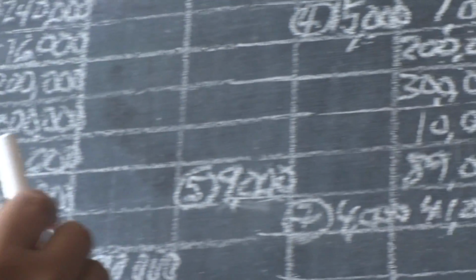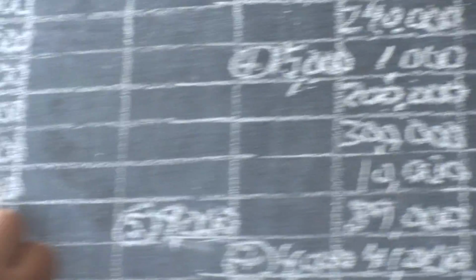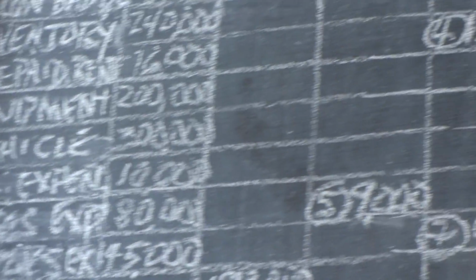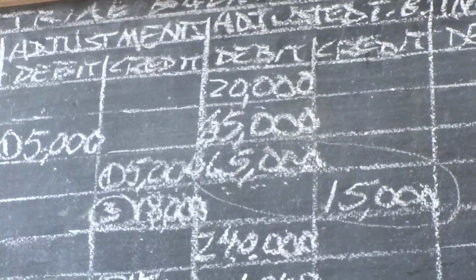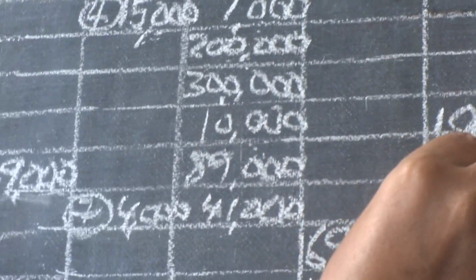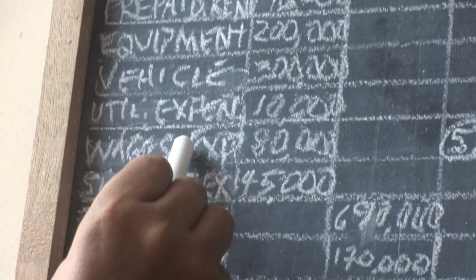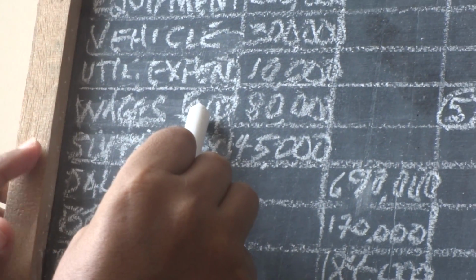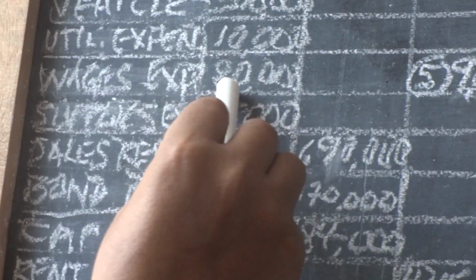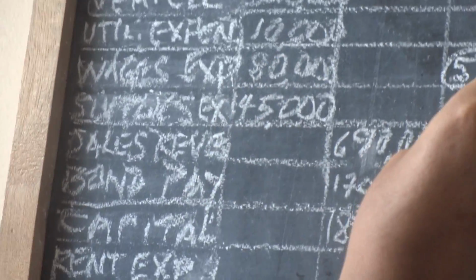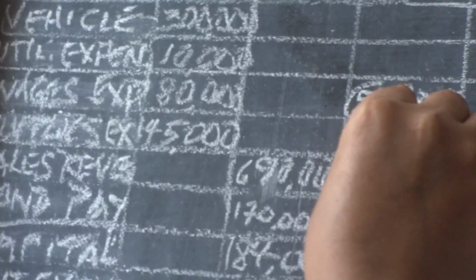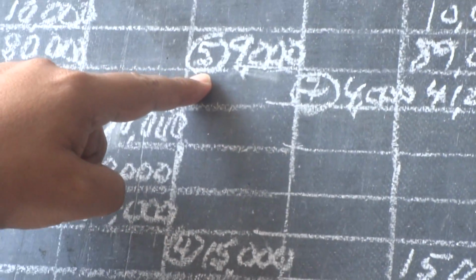Then we have $10,000 that goes to the column debit in the adjusted trial balance and also goes to the column debit in the income statement because it's a loss for the company. Then we have the account wage expenses for $80,000 minus $9,000, the number 5.